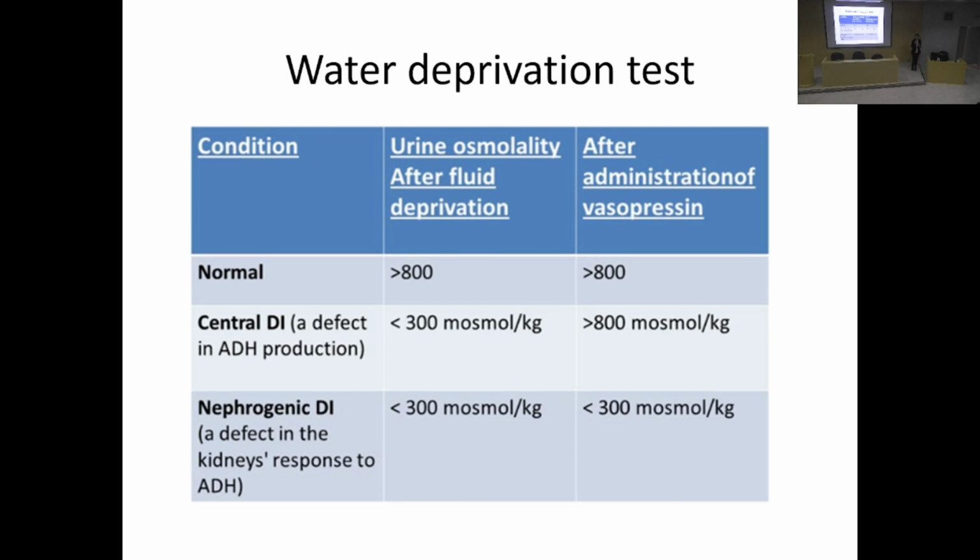So it makes sense, all of us, if we don't drink water, we'll have darker urine, right? And so this would be a normal person. Even if you give them synthetic ADH or vasopressin, that won't change the urine concentration. It'll be highly concentrated with this injection or without it, because they're normal.